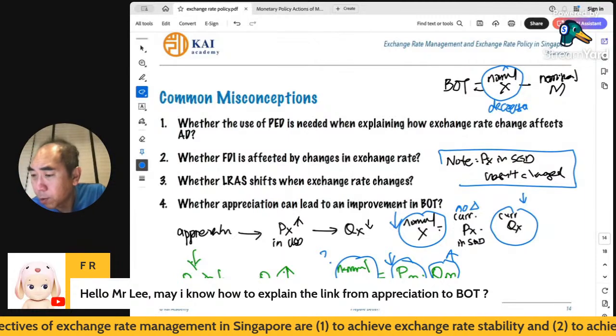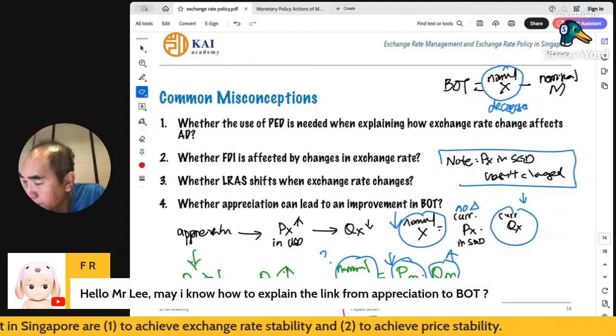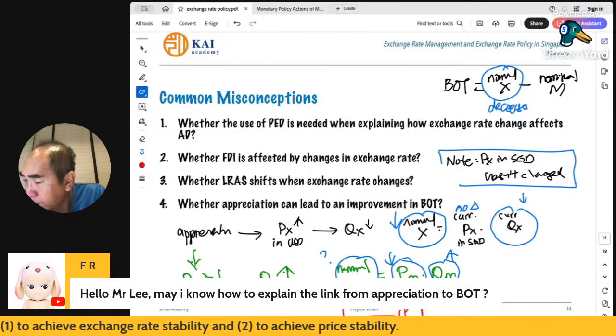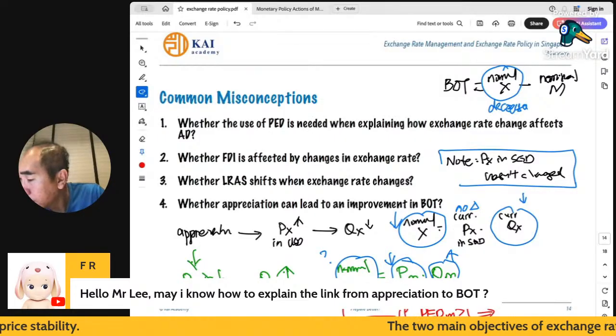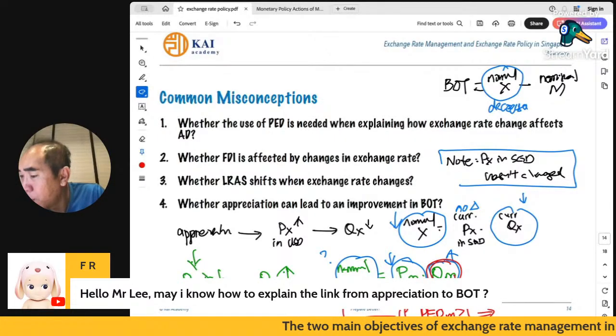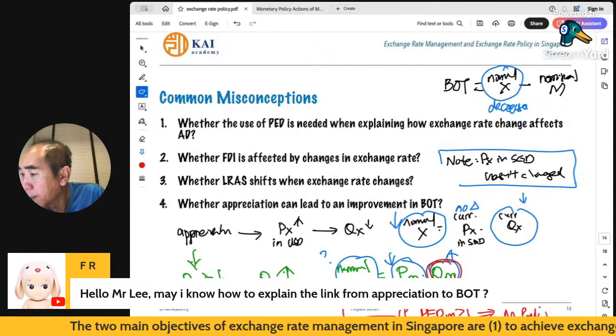So now if we were to add in an assumption, suppose PEPM is greater than 1, then the rise in QM will be more than proportional to the fall in PM.